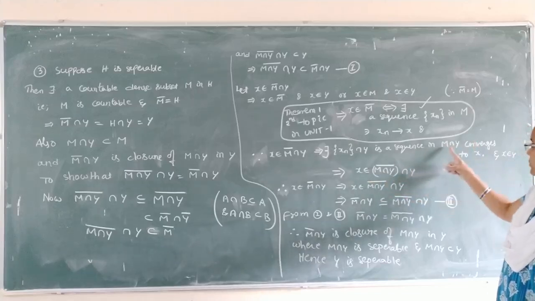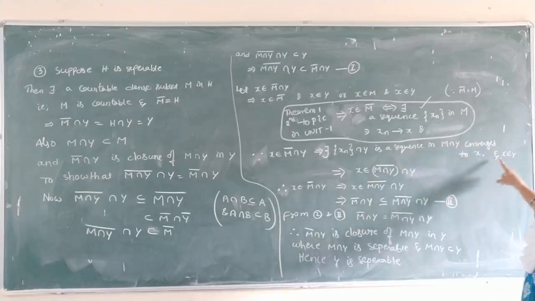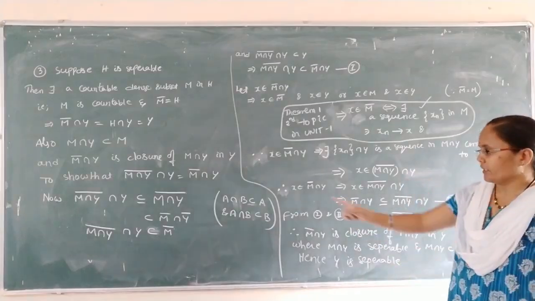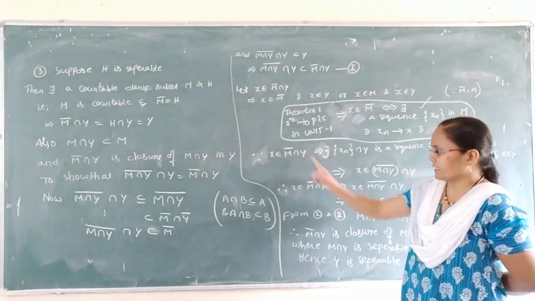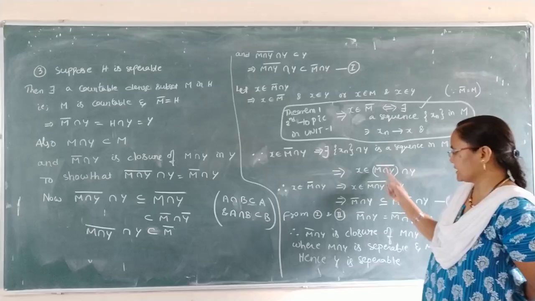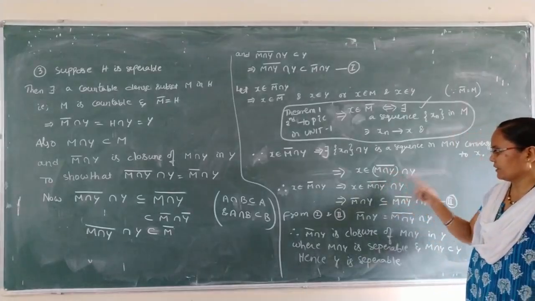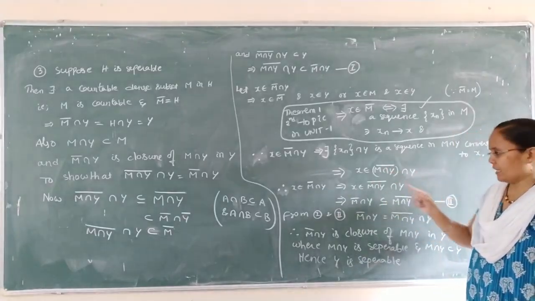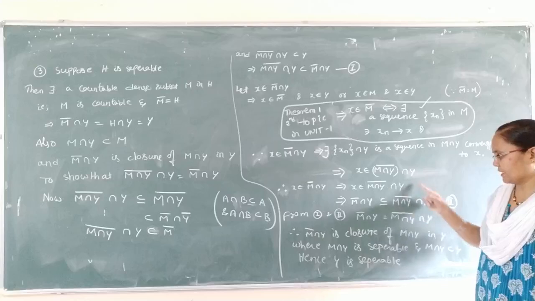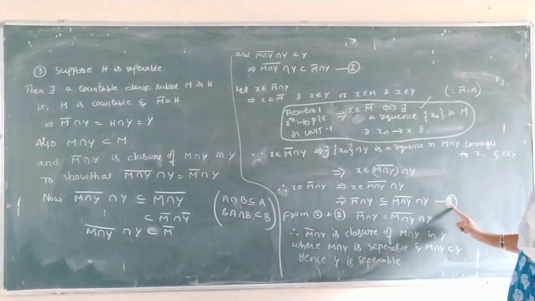So x belongs to M intersection Y whole bar, and x belongs to which one? Y. So what we got here: therefore x belongs to M bar intersection Y implies x belongs to M intersection Y whole bar intersection Y. Now the first set is replaced with this set, a subset of the second one. This is equation number 2.